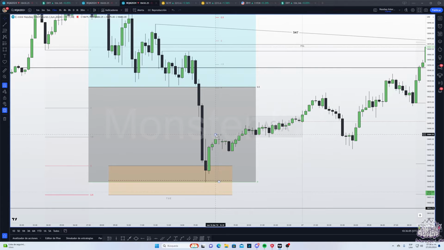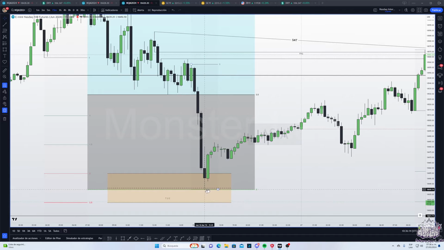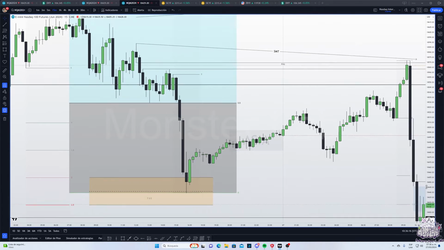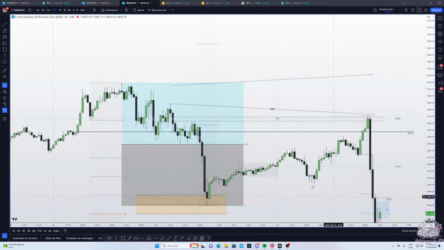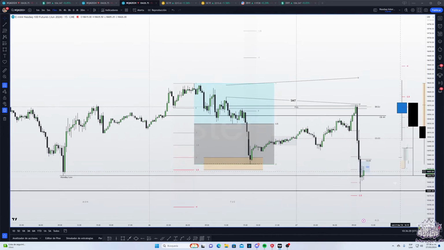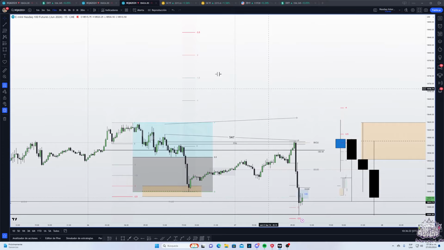But for the manipulation leg, the more recent, it's here, this swing high here, and this swing low. It makes no sense for this price action because you don't really expect bullish moves in this market at this moment.